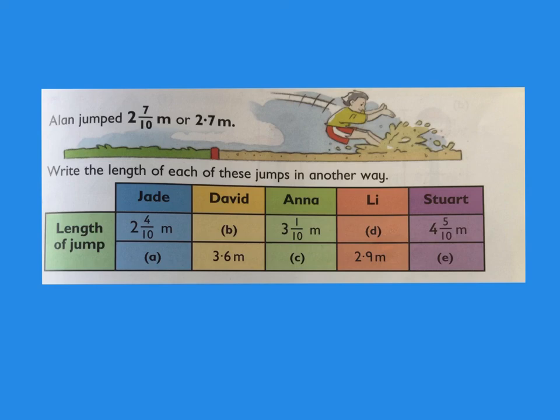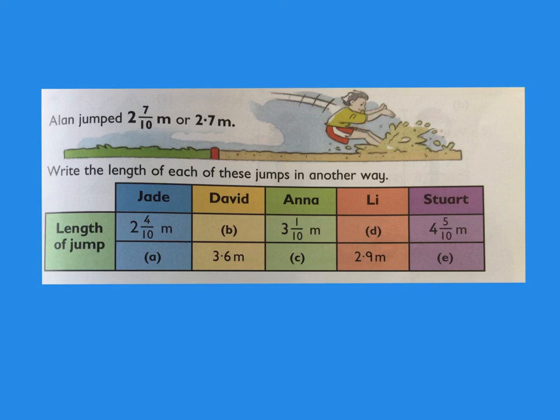Okay, so I'll jump to 2 7/10 of a meter, which is 2.7. So last week we looked at rounding numbers to the nearest tenth. Okay, and this number has possibly been rounded to the nearest tenth. So if you look at Jade here in the chart, Jade jumped 2 4/10 of a meter. So we know 1/10 of a meter is 10 centimeters.